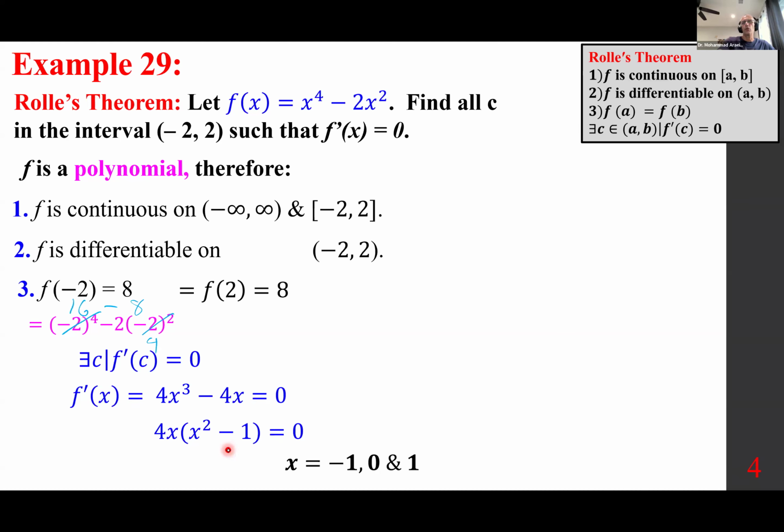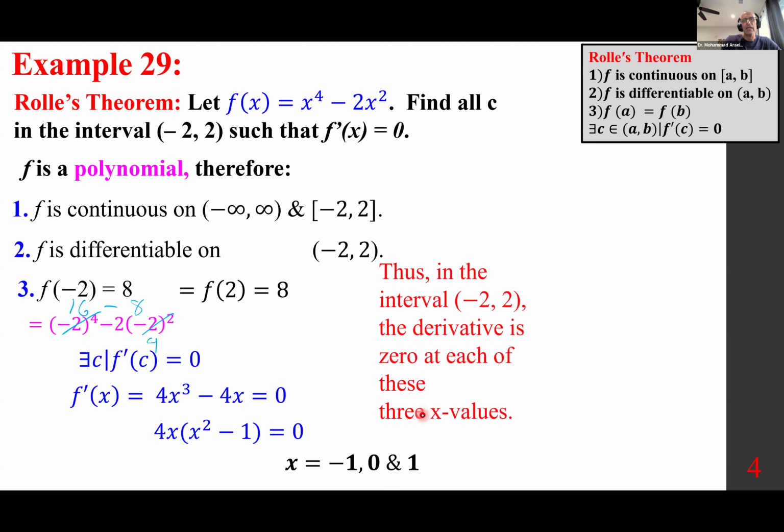According to Rolle's theorem, there must be at least one point where that works. Now you have to make sure you look at those that are between -2 and 2, and they happen to be all in between. Thus, in the interval from -2 to 2, the derivative is 0 at each of these x values. So there are 3 points.